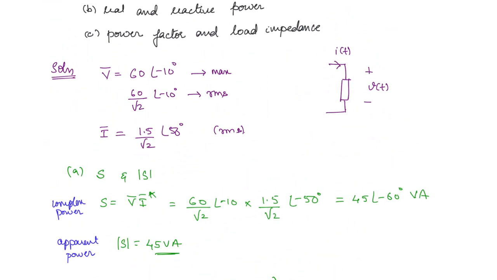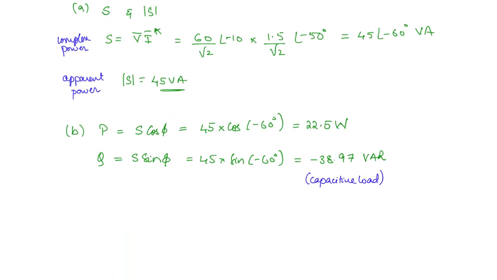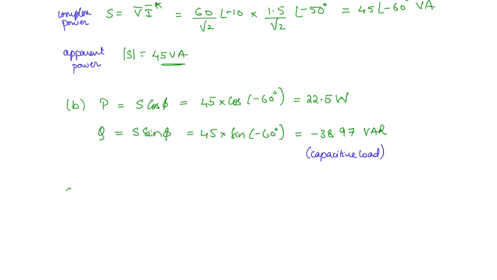Finally, the last question is to find the power factor and load impedance. We know the power factor angle. What is the power factor angle? It is the same as the angle of complex power, which is −60. So power factor is equal to cos of −60.